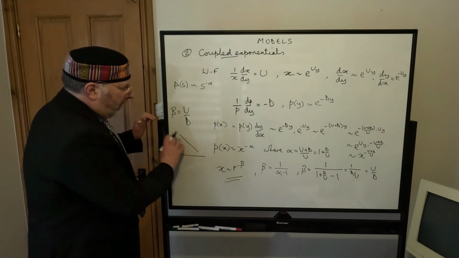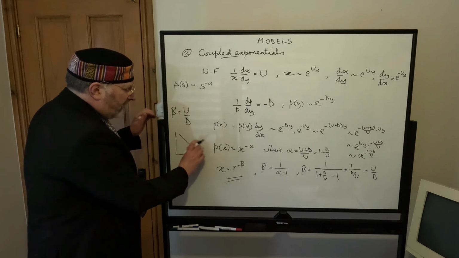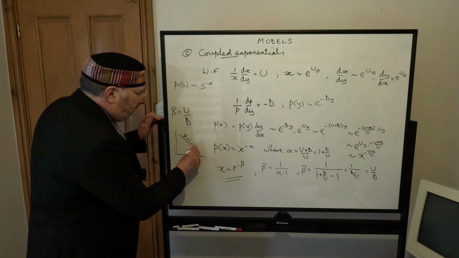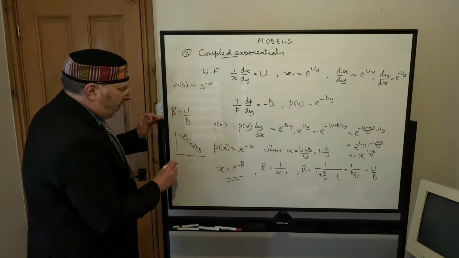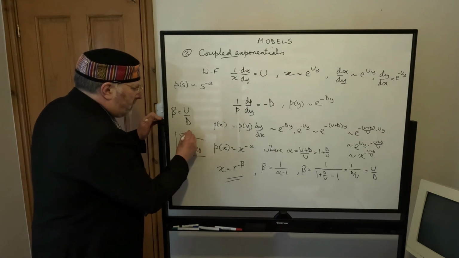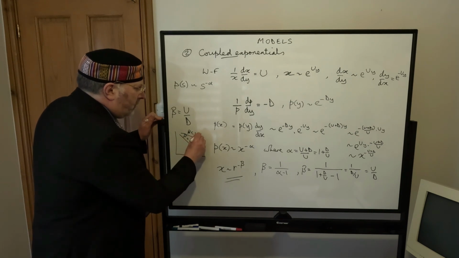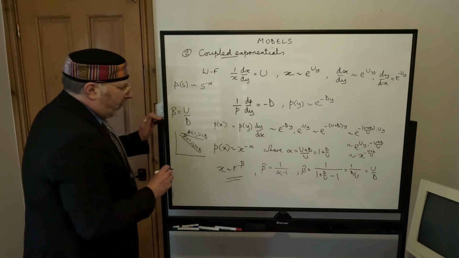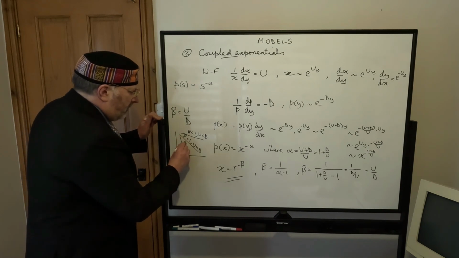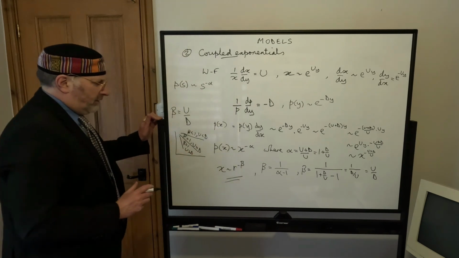And you may recall that we talked about Zipf's argument that when the forces of unification and diversification were balanced, that was when beta equals 1, or when u equals d. And when beta was less than 1, that was when u was less than d, and when beta was a steeper slope, beta greater than 1, that occurred when unification was greater than diversification.